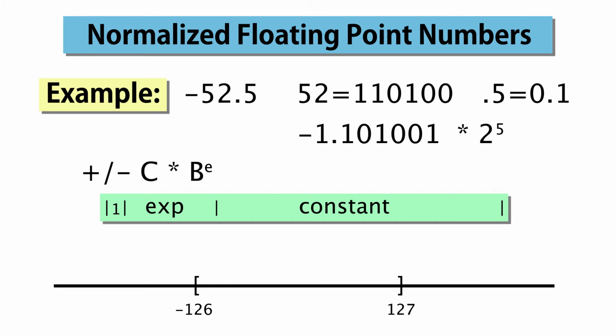Rather than use 2's complement or some other notation, we use what's called a biased representation. That means we add a constant to the exponent we're encoding that's large enough to ensure that the resulting representation is always positive. Another way to think about this is that it shifts the range of exponents to the right so that the set of representations falls entirely within the positive range on the number line.